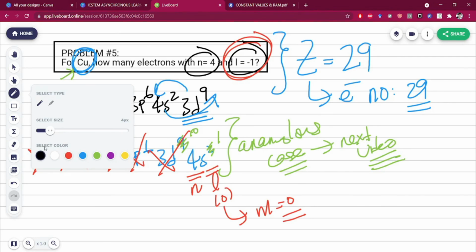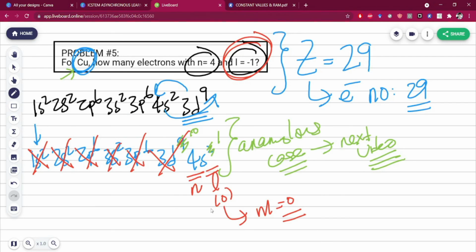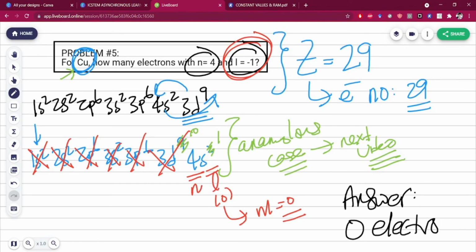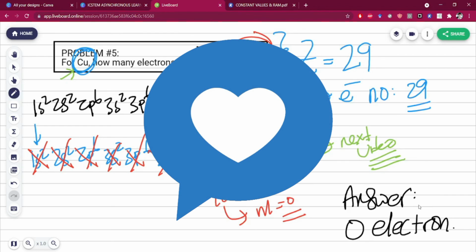So for this case, the answer is 0 electrons. Okay, so that is the answer. That's how you're going to do a question like this. It's quite fun to work it out from the spdf notation and look at what information is given to you and what the question wants, and you should be able to do your strategy to find out how many electrons.